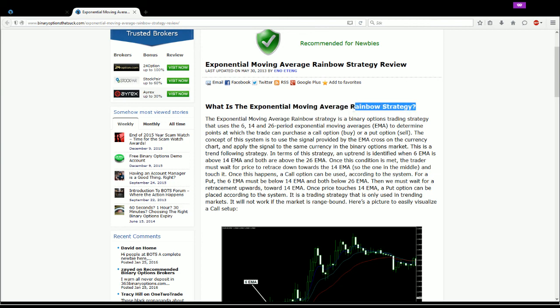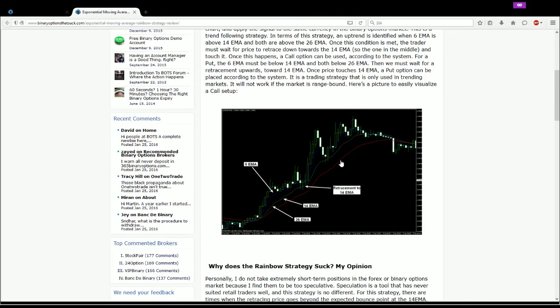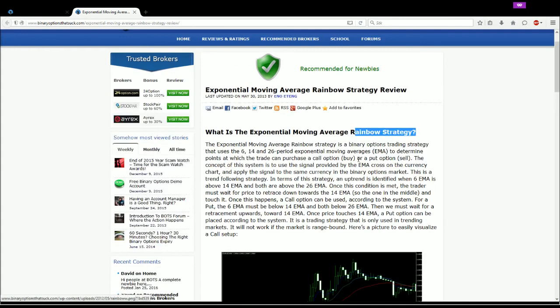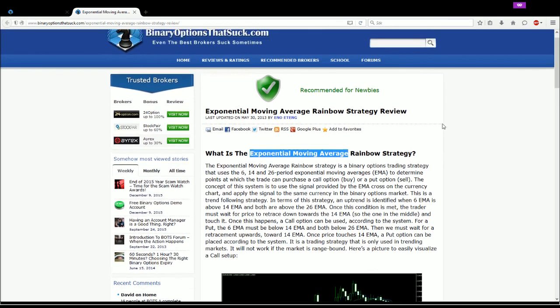It's about a strategy, but it doesn't matter because it only uses EMAs and it shows you what it stands for. So if you have questions about indicators, just come look for them here.